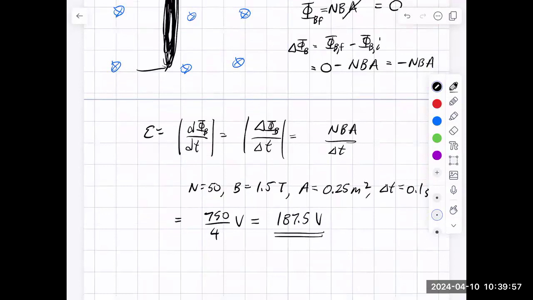And so your induced voltage goes up by a factor of N, the number of turns that are in your coil of wire. And so that's how you amplify voltages that you get out of Faraday's law.